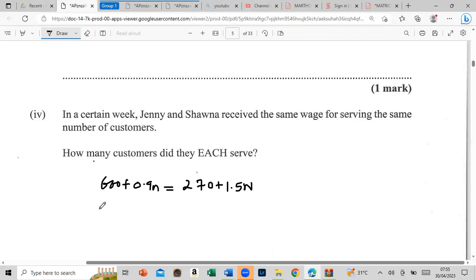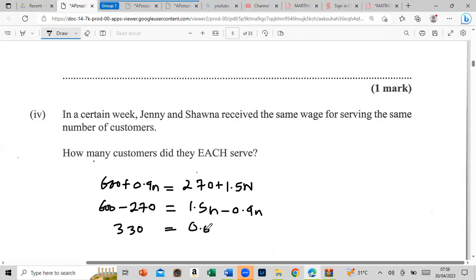All right, so 600 plus 0.9n equals 270 plus 1.5n. I subtract 270 from this side because I want to get n by itself, and I subtract 0.9n from the other side. So 600 minus 270 leaves 330, and 1.5n minus 0.9n is 0.6n.